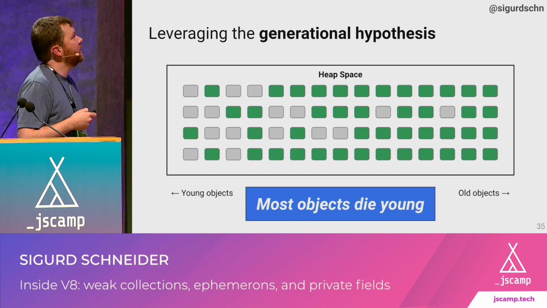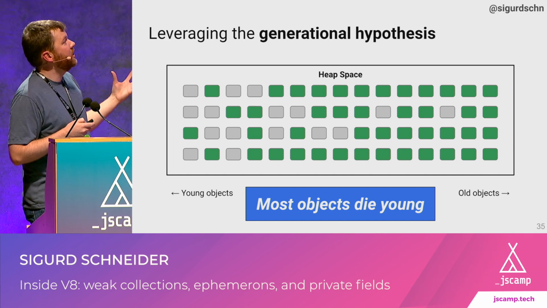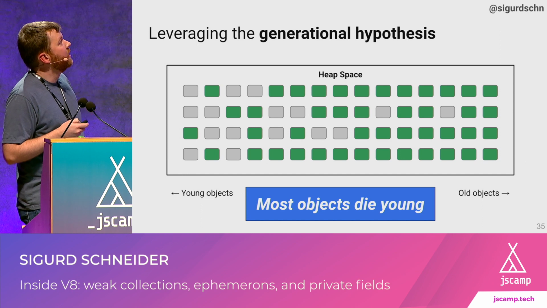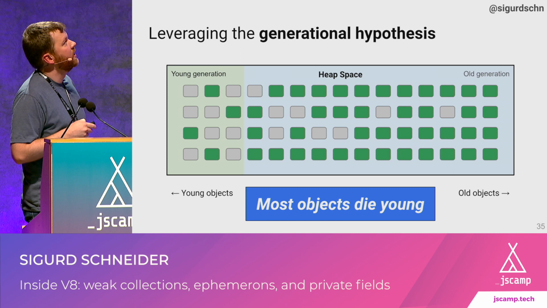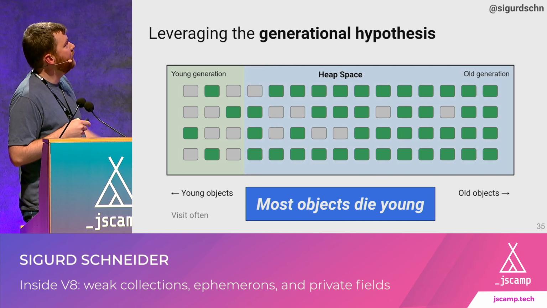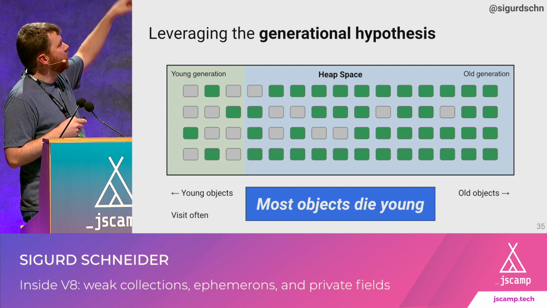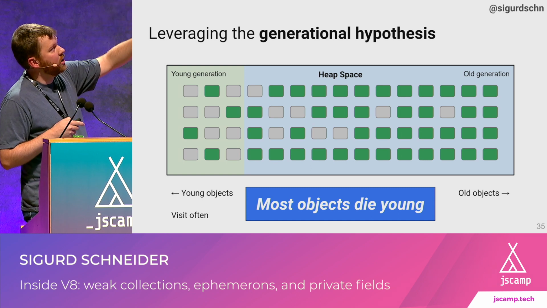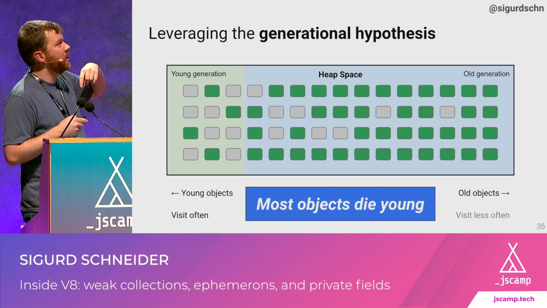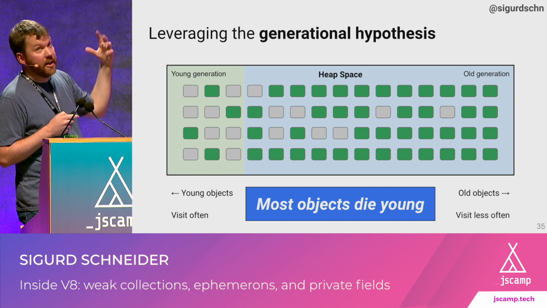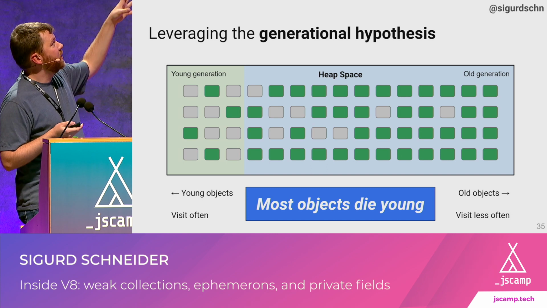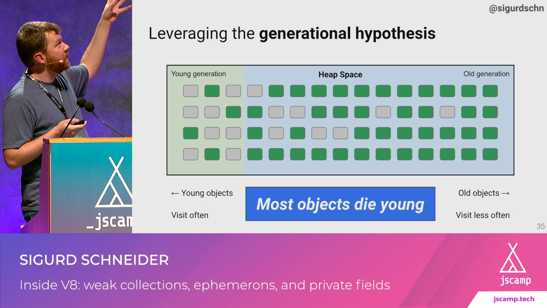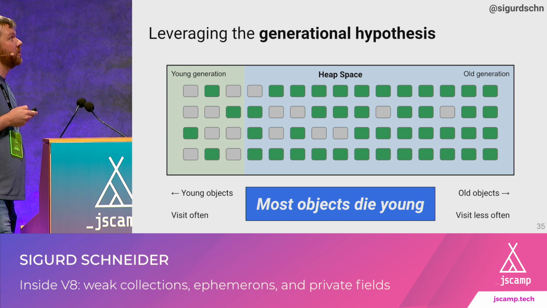And the idea now is that we can leverage this hypothesis by dividing the heap space into two generations, the young generation and the old generation. And if we now visit the young generation more often and the old generation less often, then we will do less garbage collection work in total, but we will still find most of the dead objects because most of the dead objects will be in the young generation.